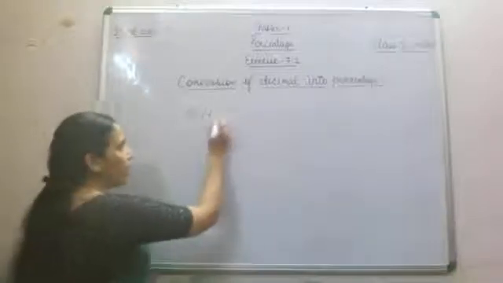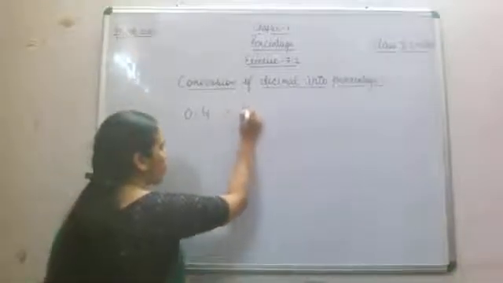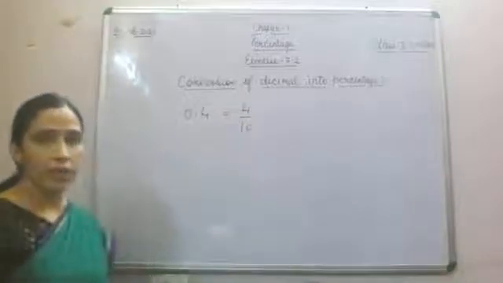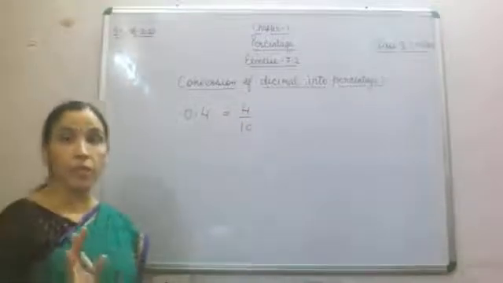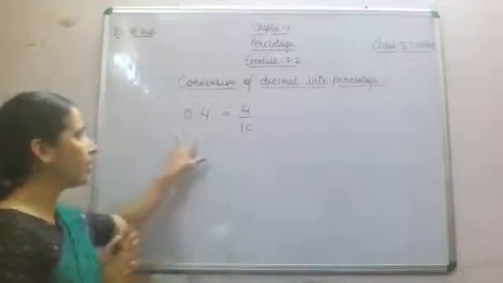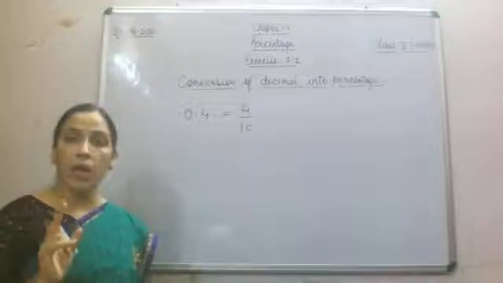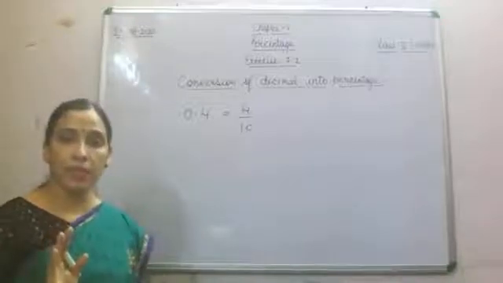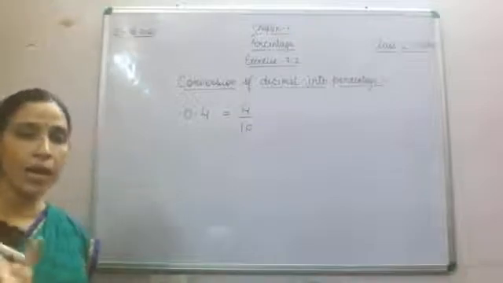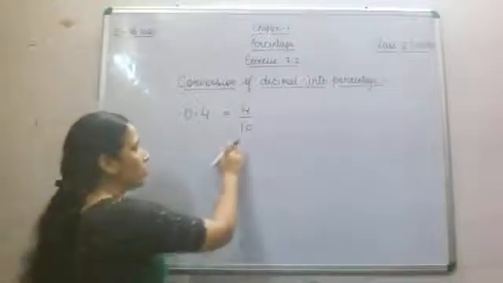Here you have one decimal place, so we'll write it like this, 4 by 10. You have seen that in your decimal chapter also. How do you write a decimal number as a fraction? As many decimal places as that number has, remove the decimal point and put as many zeros in the denominator.